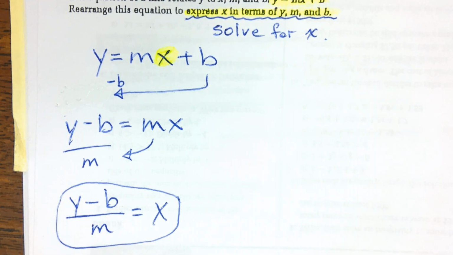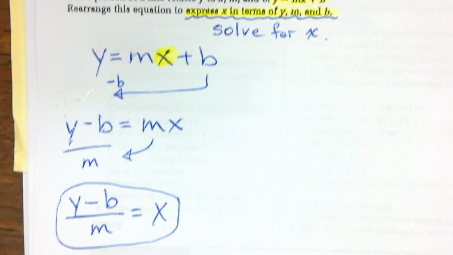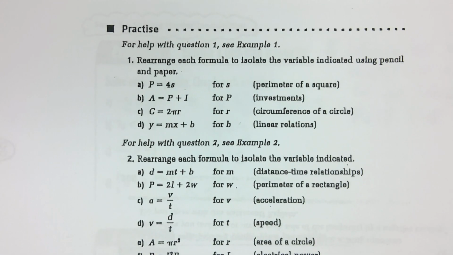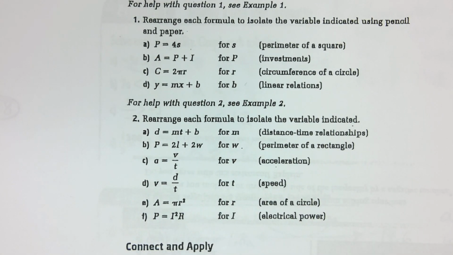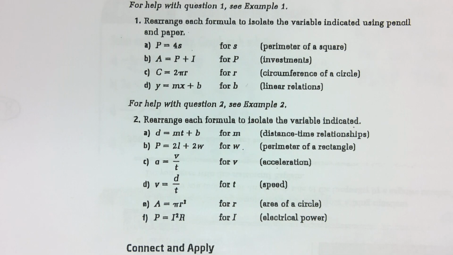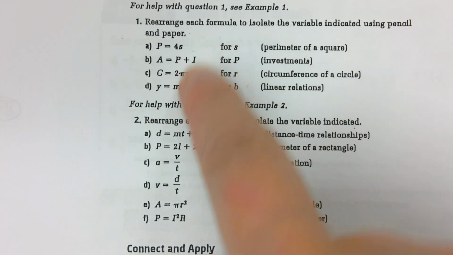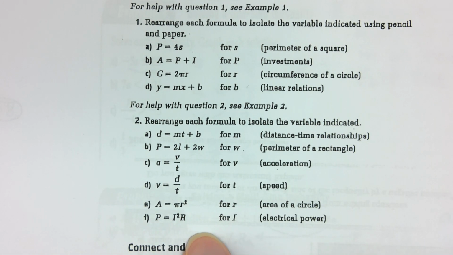That's what you're doing right here. Okay. So quick, short lesson, less than 10 minutes. That's all it is. On the test on Monday, there will be a couple of questions where you are rearranging. So it will most likely be from this list.